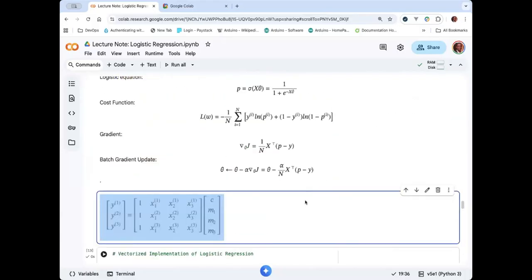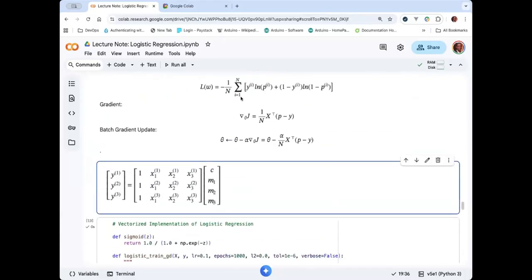Okay, so I'm just putting this in here so that it will help while I do this. So we start off with X, right? This is X, which we already have here as a matrix with ones. Then for each of the values, we have X1, X2, X3.